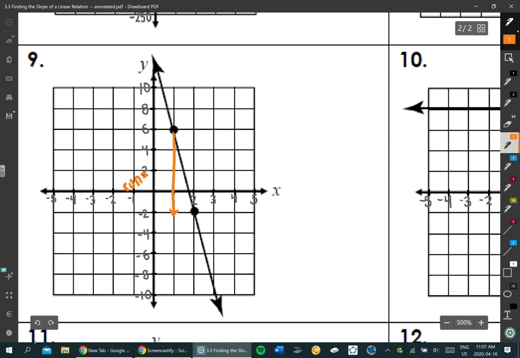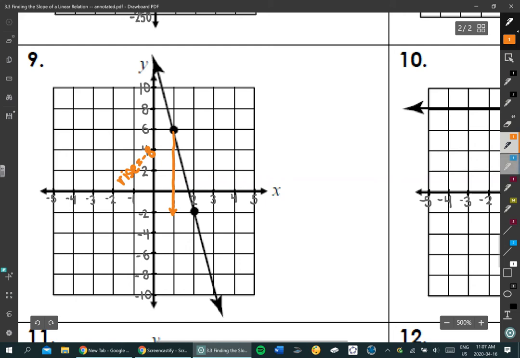That gives us a rise of -8. Sorry, not run, a rise of -8.